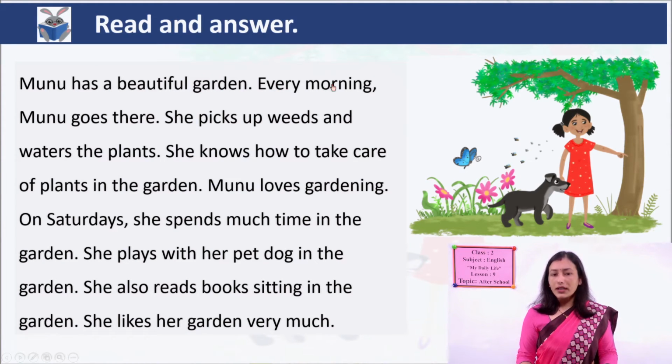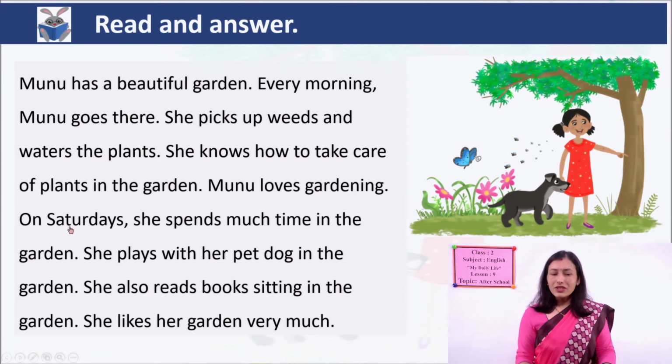Every morning, Munu goes there. She picks up weeds and waters the plants. She knows how to take care of plants in the garden. Munu loves gardening.